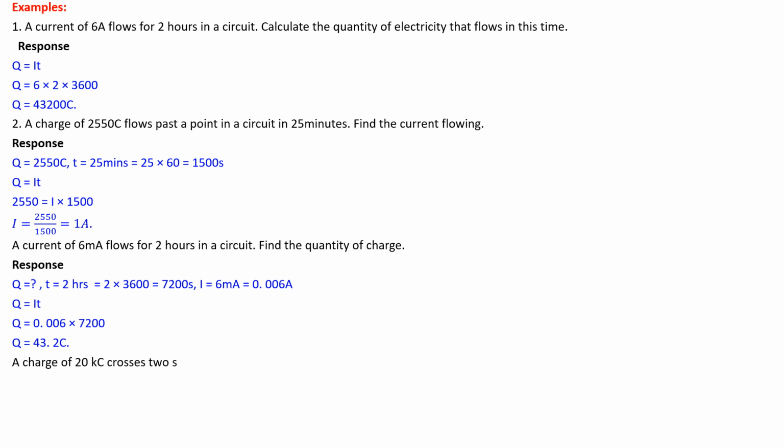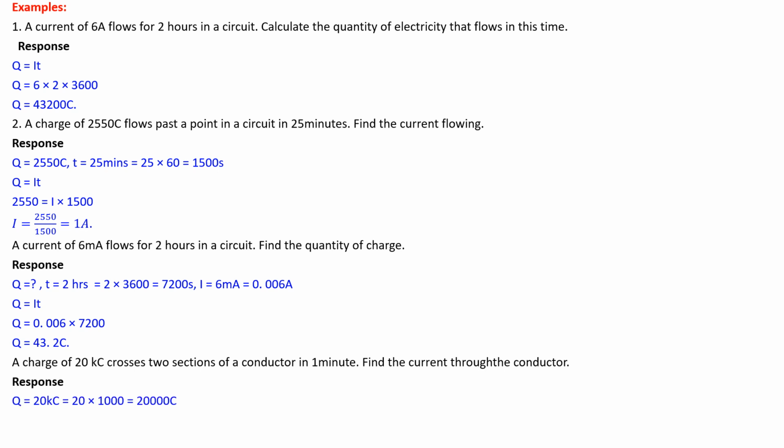Another item or question, activity or example, a charge of 20 kilocoulombs crosses 2 sections of a conductor in 1 minute. Find the current through the conductor. Now we need to first change these kilocoulombs to coulombs. That's times 1,000, and then we shall have 20,000 coulombs, and the time goes to seconds, and that will be 60 seconds.